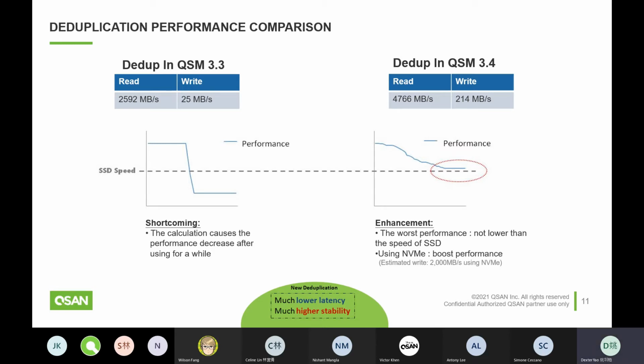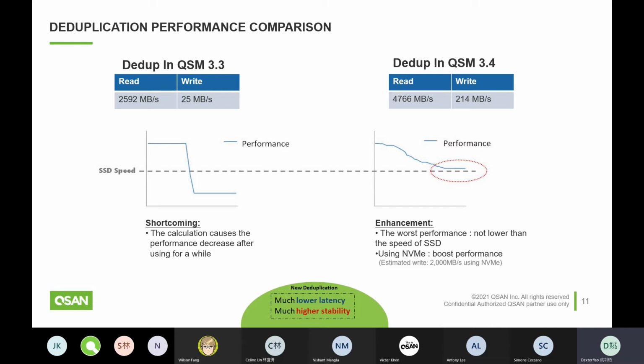The main difference between the Dedup in QSM 3.3 and 3.4 is the algorithm itself. Dedup in QSM 3.3 made the algorithm more and more complicated after using Dedup for a while, causing the performance to be greatly reduced, even lower than SSD speed. You can see on the chart, and affecting the stability of the system at the same time.